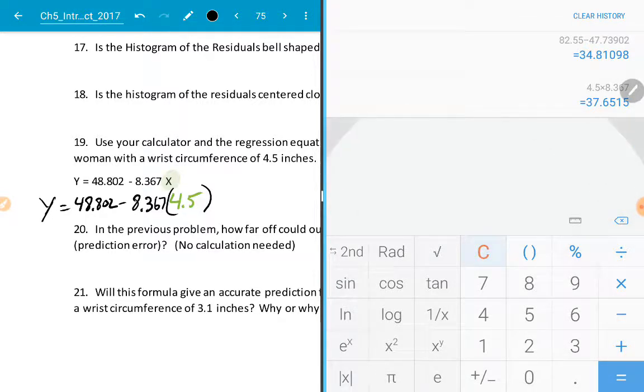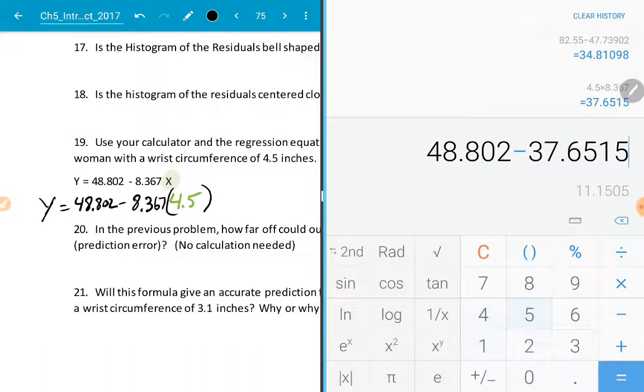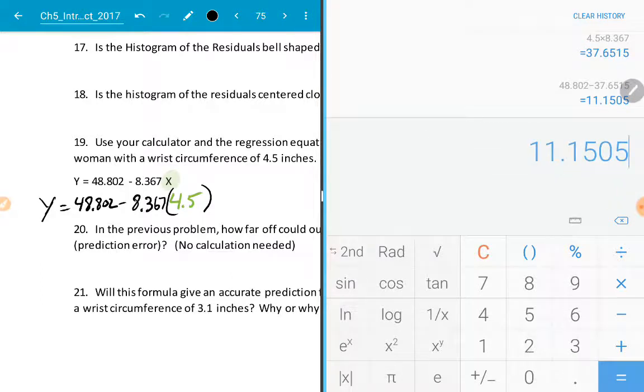So I can clear this now, and I can subtract that number from the 48.802. 48.802 minus 37.6515. And that gives me 11.1505.